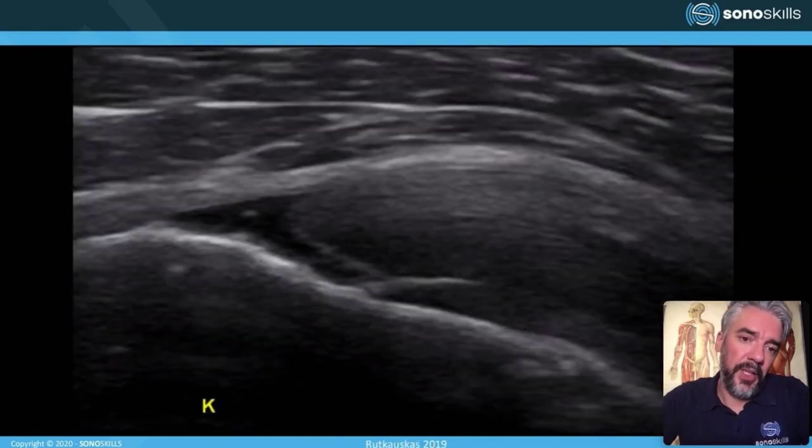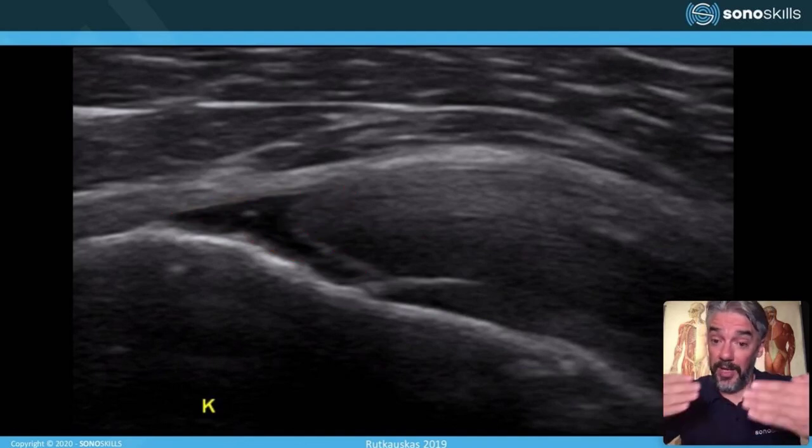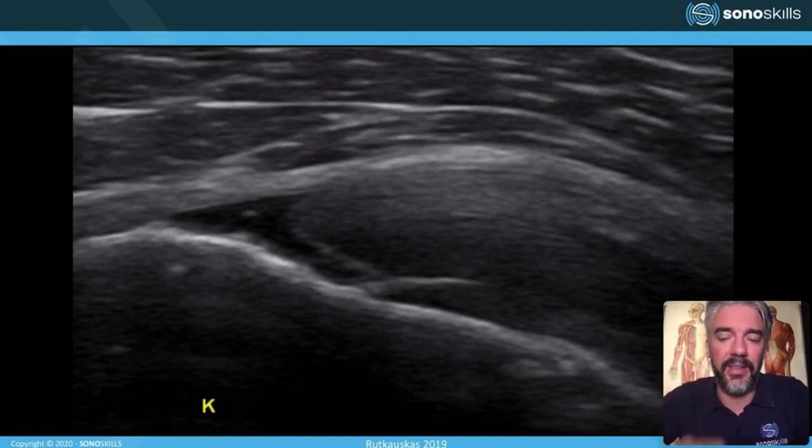So if you see this, this is a fully torn supraspinatus, a little bit retracted. We don't see any fibers connected. On the Sonoskills pathology checklist, it scores positive on continuity, but also on echogenicity. There is an anechoic zone within the tendon. You still need to differentiate whether this is complete or full thickness partial width by looking in the other plane.